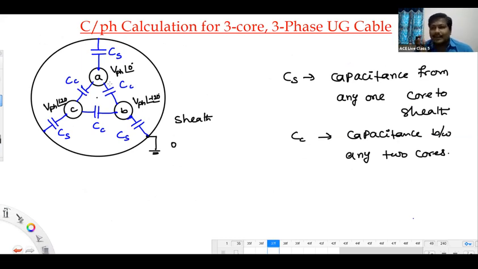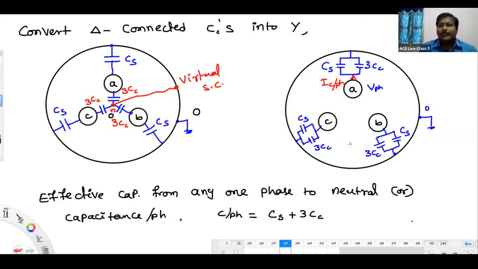Okay. So the next heading we are going to take here is methods, or you can say experiments, for the calculation of CS, CC, as well as C per phase.